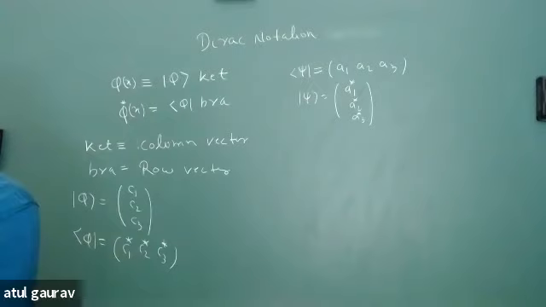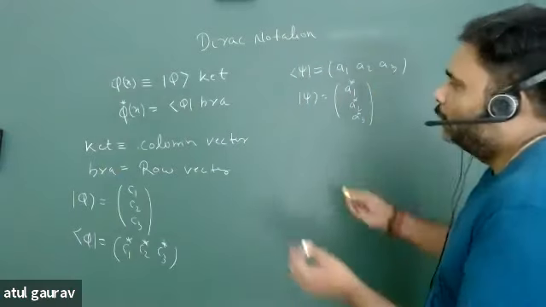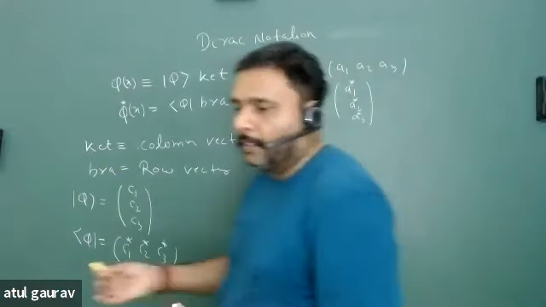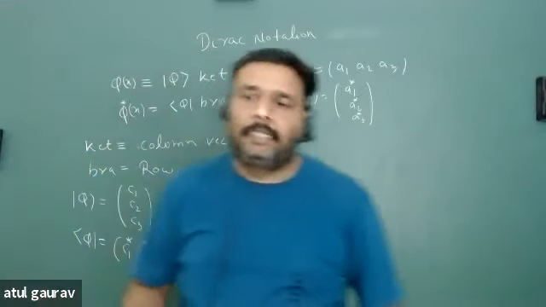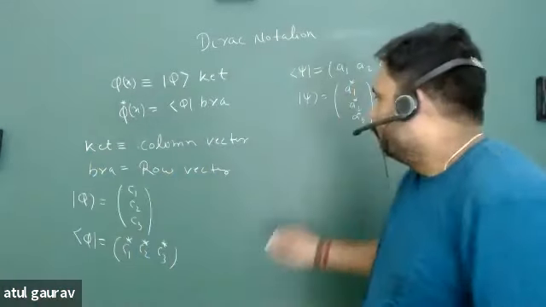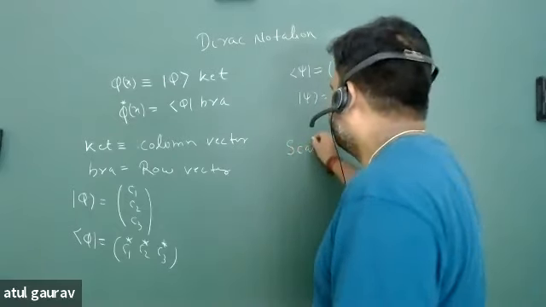Now, what are we going to do? Everything you are writing, you can just replace with the notation of ket and bra. Now, if I am writing a scalar product, what is the scalar product?